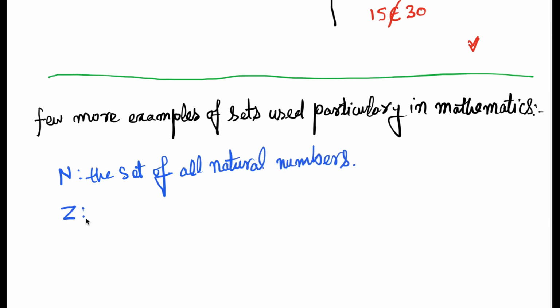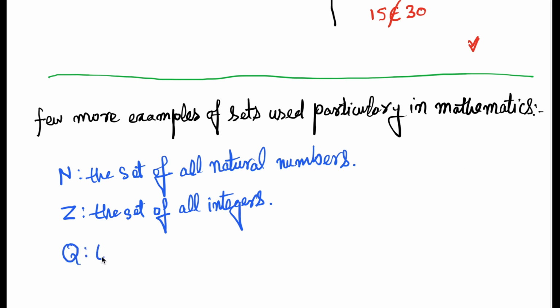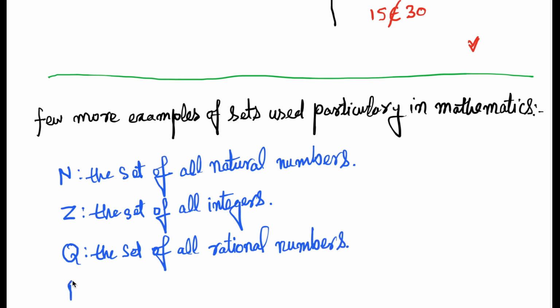The capital Z symbol we use to represent the set of all integers. The capital Q symbol we use to represent the set of all rational numbers. The capital R symbol we use to represent the set of all real numbers.